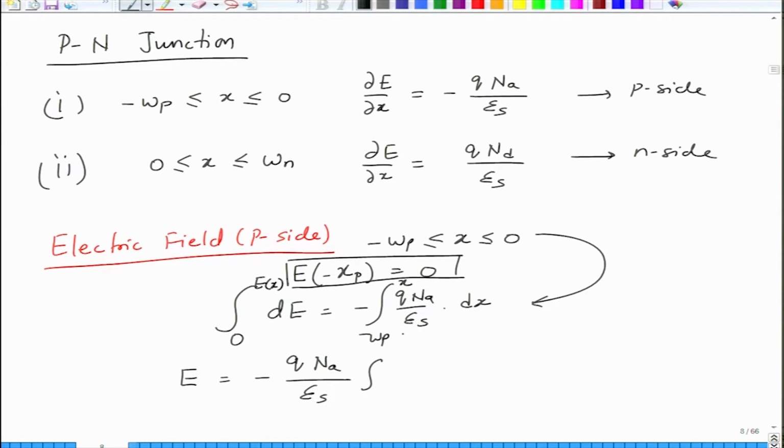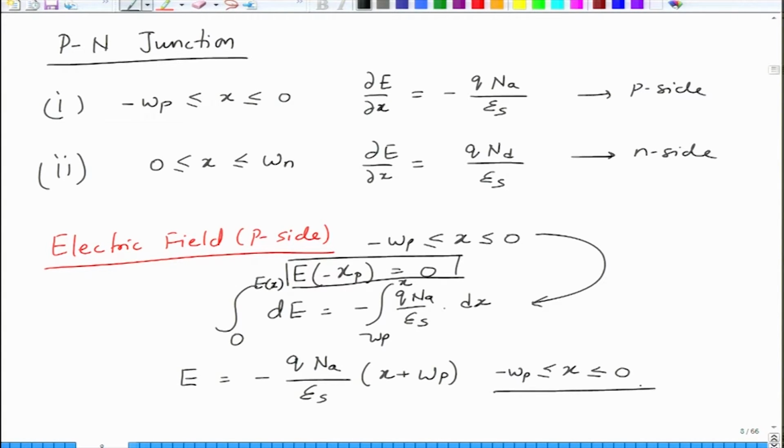If you integrate, what you will get is x plus Wp. So, E is equal to minus Q Na divided by epsilon S into x plus Wp, for x being between minus Wp and 0. Okay. This is for the electric field on the p side.